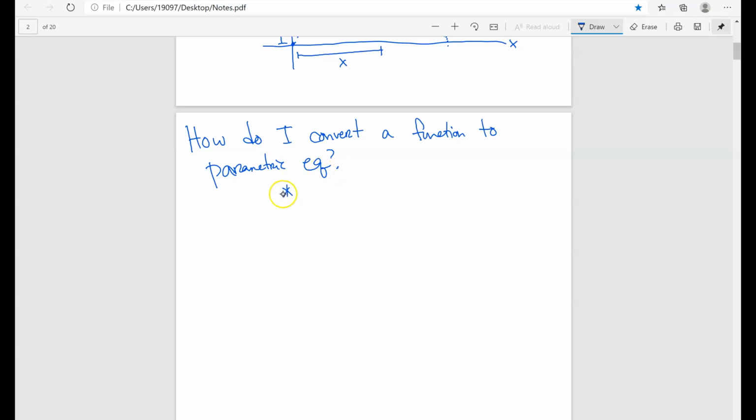One way is to just let x or y equal t, and then plug that into the other equation, or the original equation, I should say.